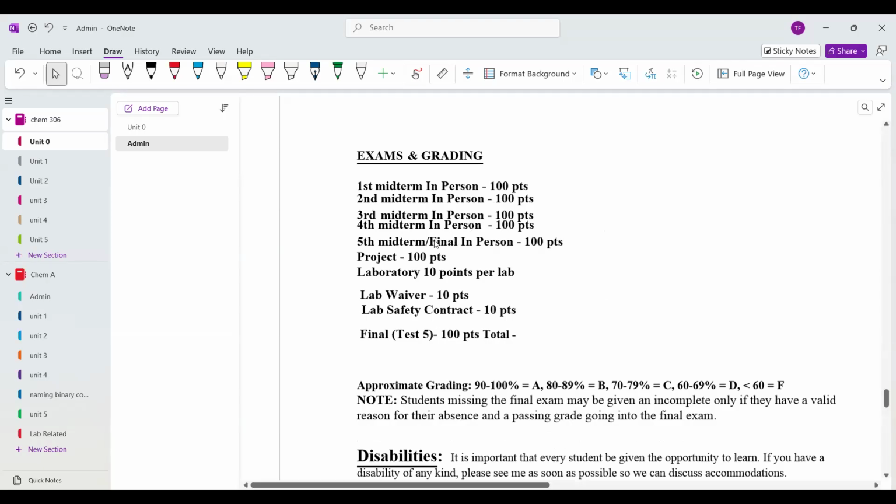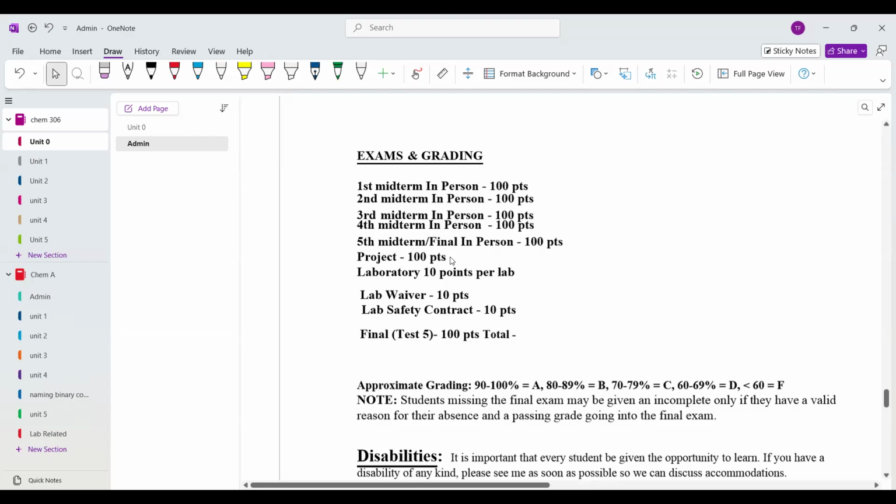So the final test is mostly biochemistry on carbohydrate and lipid metabolism. So I don't have an official final. I have a midterm that's acting as the final.